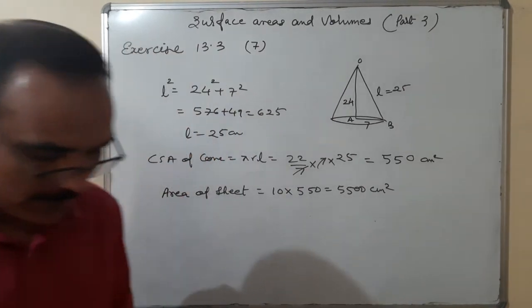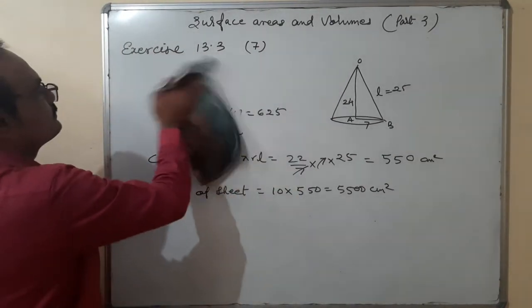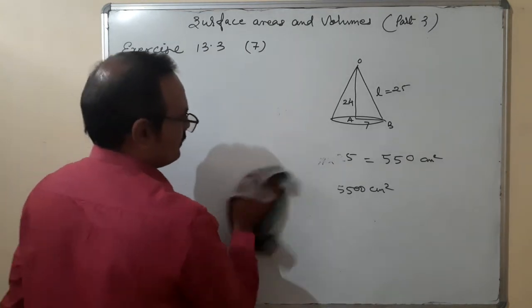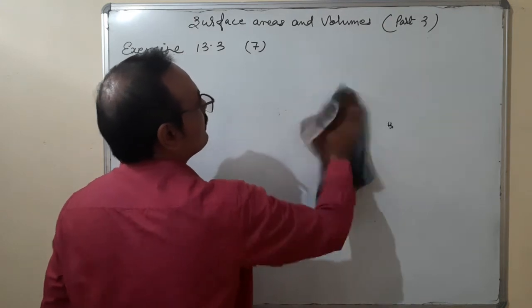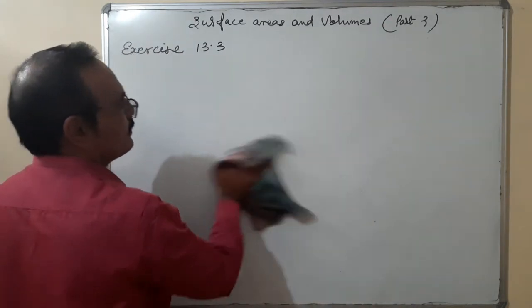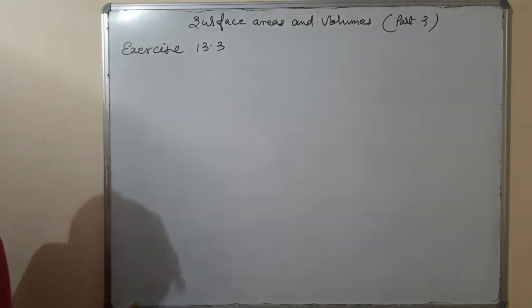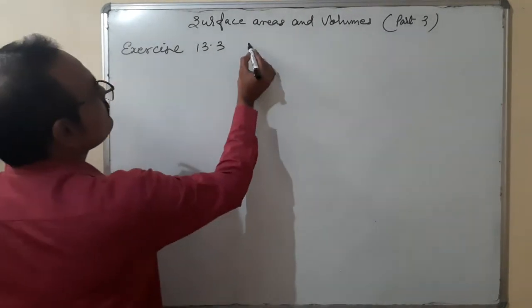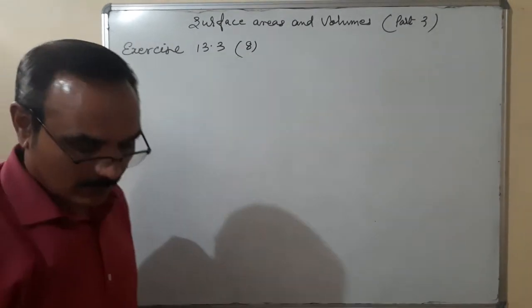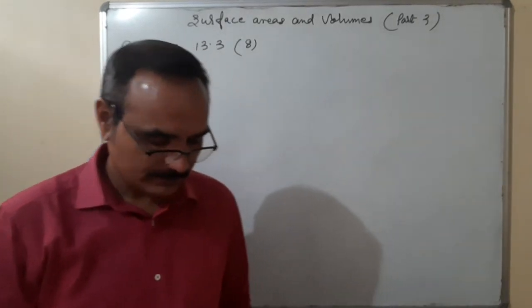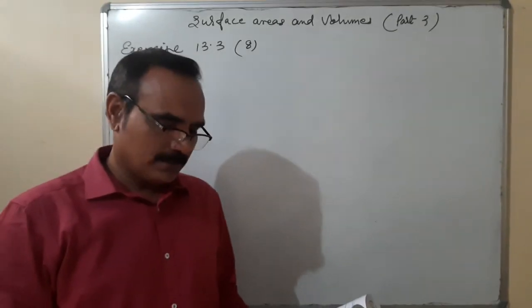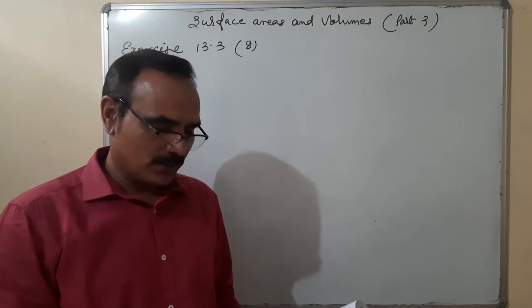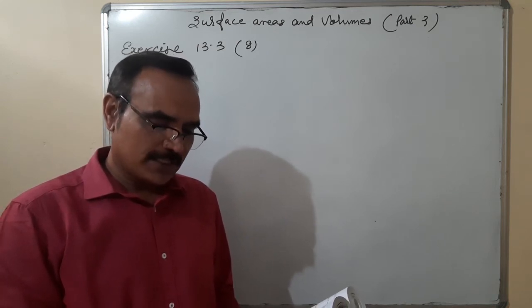Now coming to question number 8. A bus stop is vacated from the remaining part of the road by using 50 hollow cones made of recycled cardboard.